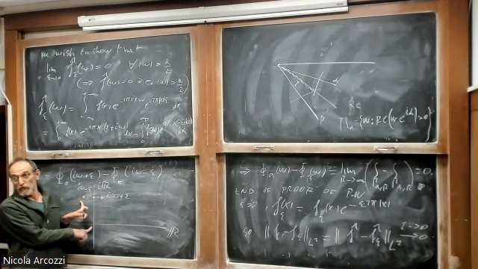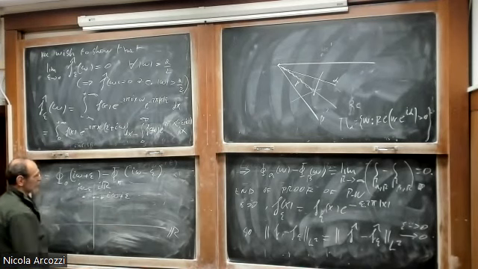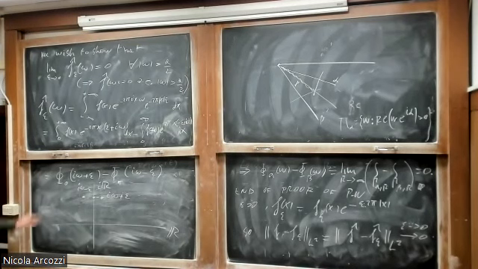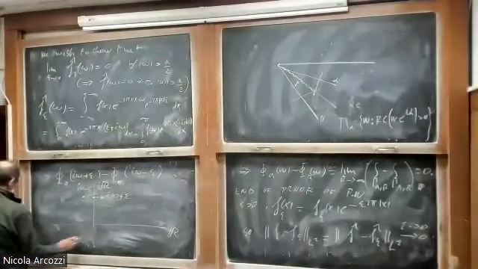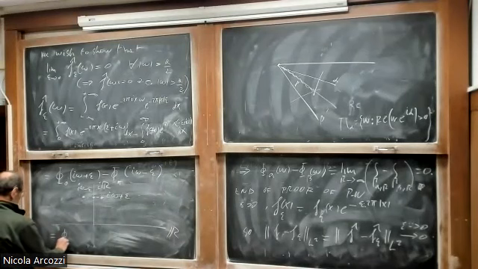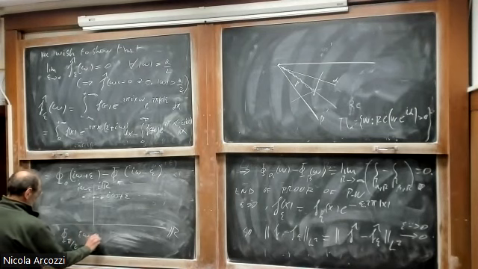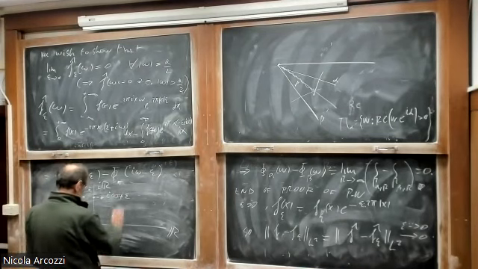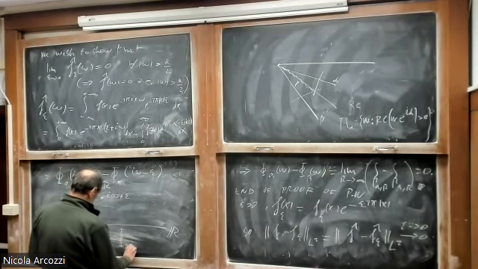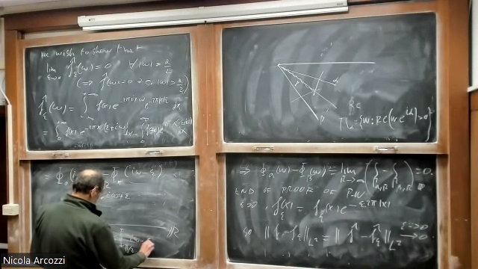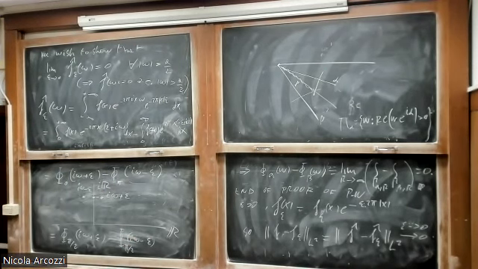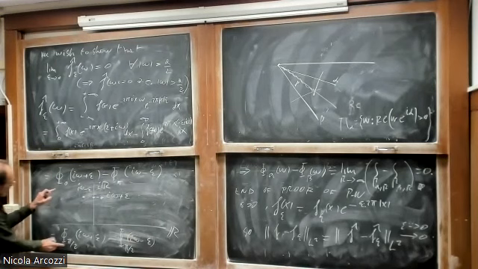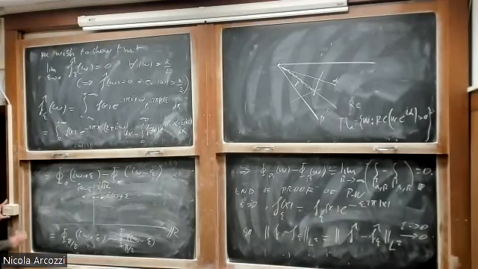So that's what we saw before. But we have the lemma, and the lemma says that this very last thing is the same if we put π over 2, because the difference between this direction and this one is less than π.